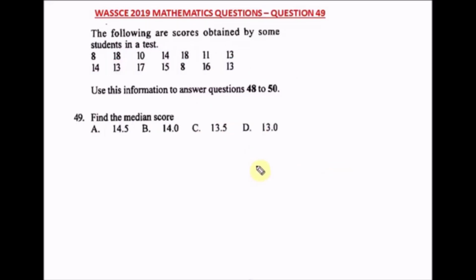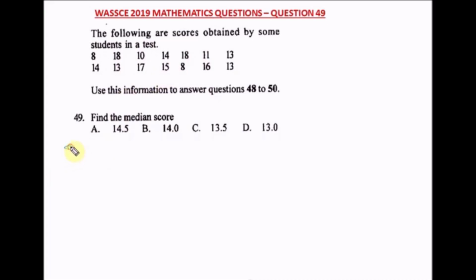Question 49 of the WASSCE 2019 Mathematics Past Question. Okay, remember we're still solving this using this data set. Use the information here to solve this, and 49 says find the median score. Okay, in finding the median score, we have to rearrange this in ascending order.